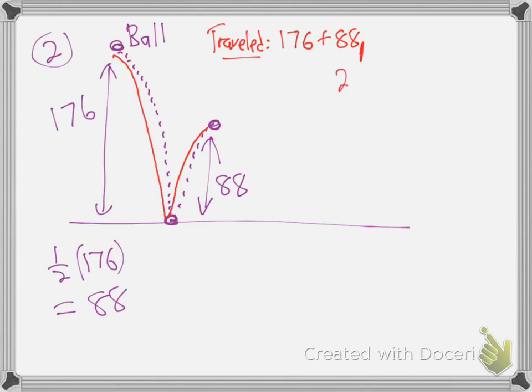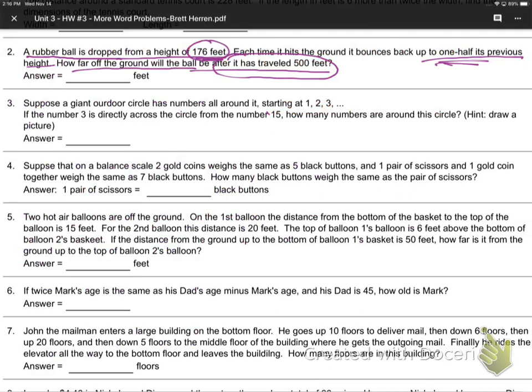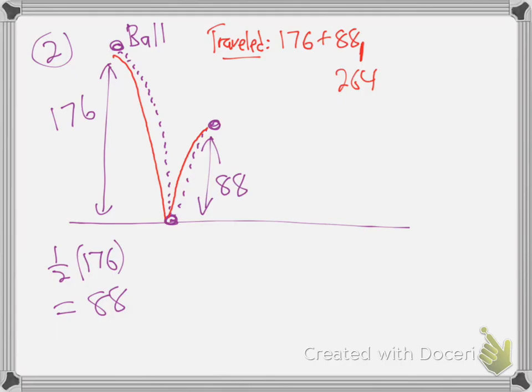Isn't it 264? Am I doing that right? Yeah. So to there, the running total is 264. Good. Now what do we want? We want to know when it's traveled 500 feet. All right, it's going to come down 88. So what's the running total there?